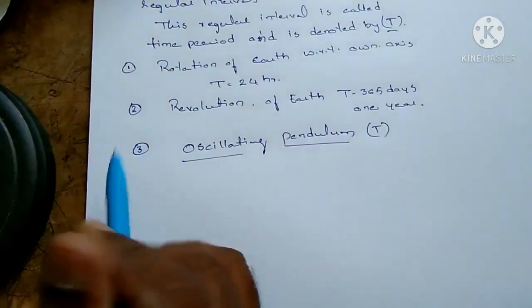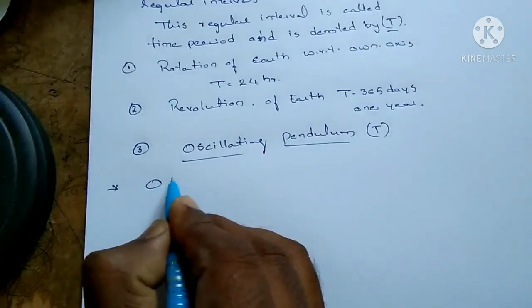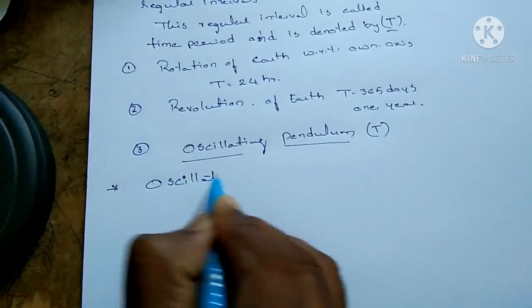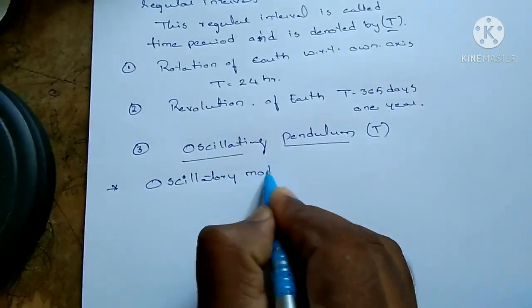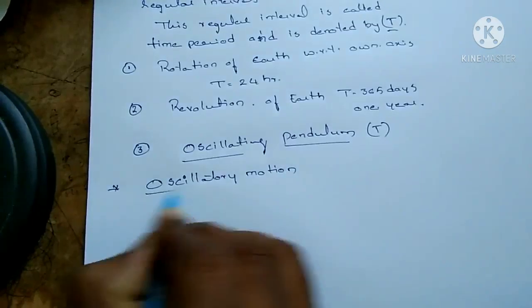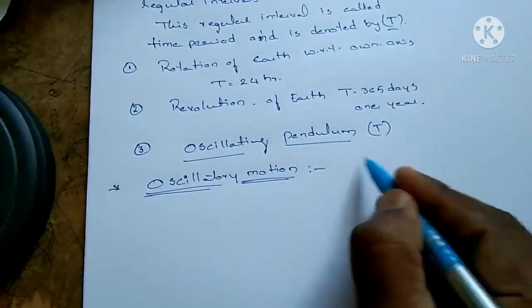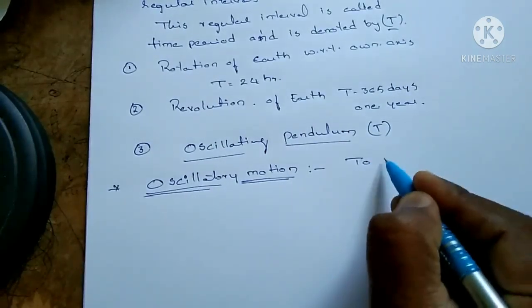The second category of motion we'll call oscillatory motion. Oscillatory motion is especially a to and fro motion.